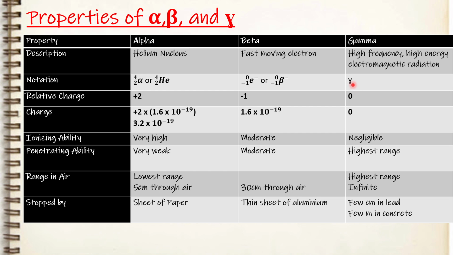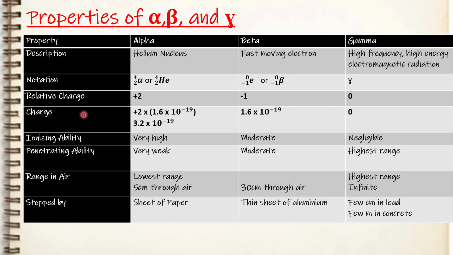Now when we come to relative charge, if you remember from unit 4, the atomic number represents the charge, and the mass number represents the baryon number.